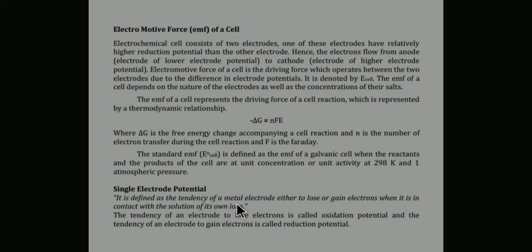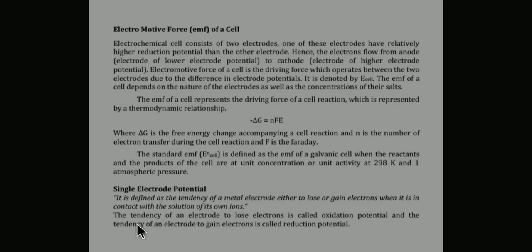Here what it is indicating is that one metal is dipped in a solution of its own ions, right? At that time your metal is losing some number of electrons, or sometimes it may gain some number of electrons. That tendency of a particular metal is what we call the single electrode potential. So this is with respect to a half cell.